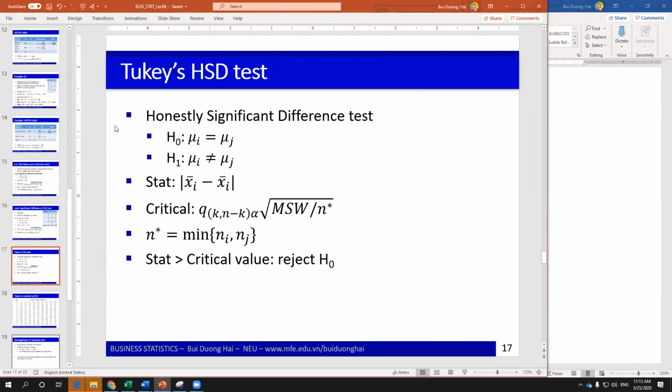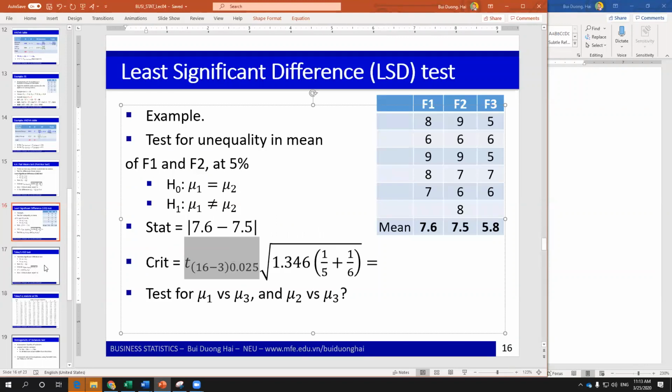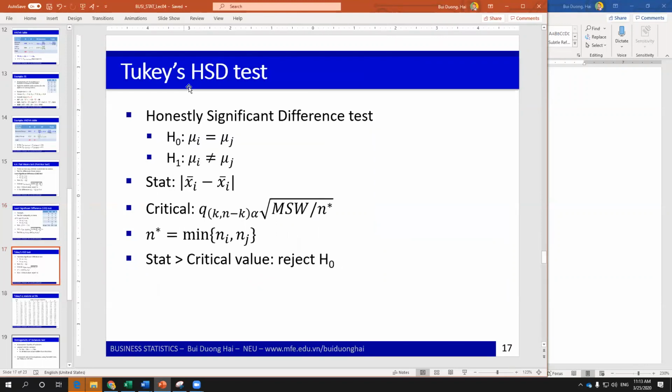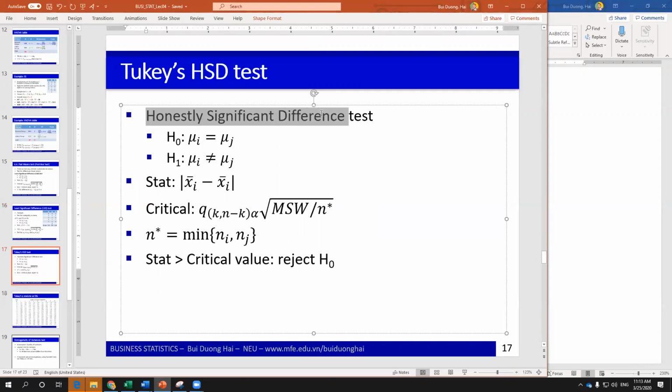However, Mr. Tukey proves that in some cases they can apply a different test. Don't use the t statistic, but use the Tukey HSD test, Honestly Significant Difference test. They use a different way.